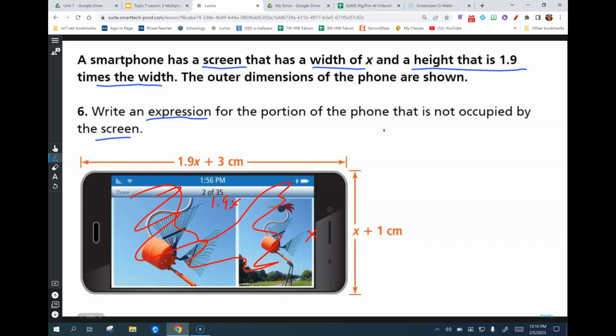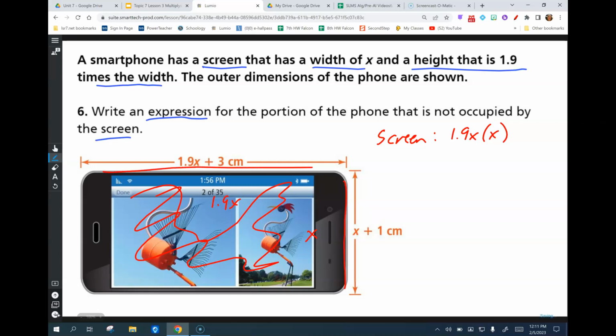So my screen is, and in order to find area, okay, so I'm finding area, so my screen is 1.9x times x, because that's the length times width, okay? Then I have my outer part, and here is my width, and here is my length.